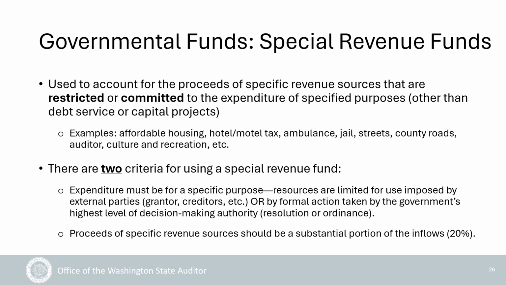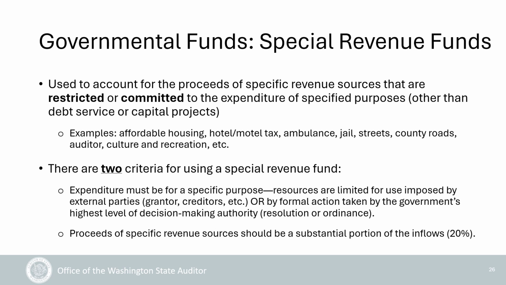A couple examples of special revenue funds that we see at governments are affordable housing resources, hotel motel tax, ambulance, etc. There are two criteria that must be met to use a special revenue fund.